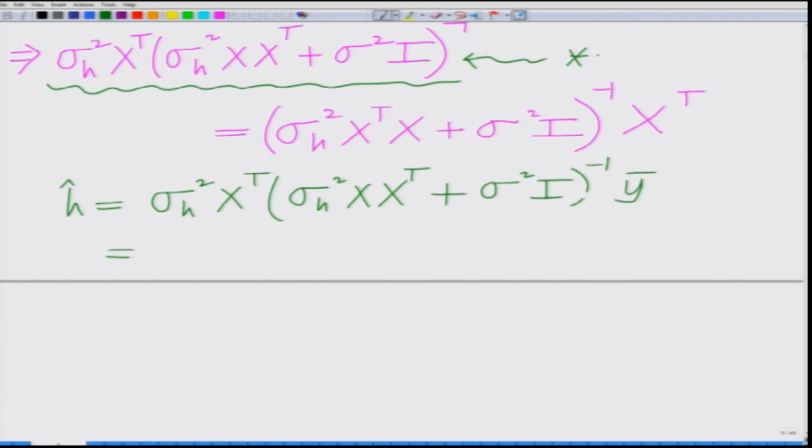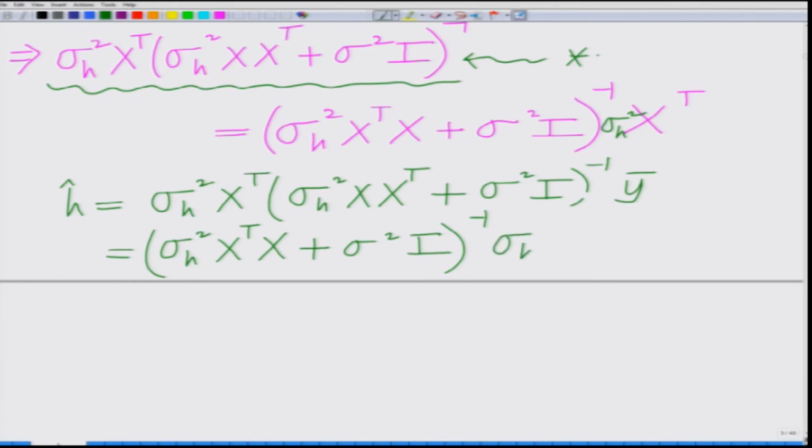I can equivalently write this as, now replacing star by sigma h square x transpose x plus sigma square identity inverse, times, of course I am missing a sigma h square here because I am multiplying both sides by sigma h square. Sigma h square is a scalar quantity, so I can multiply it anywhere.